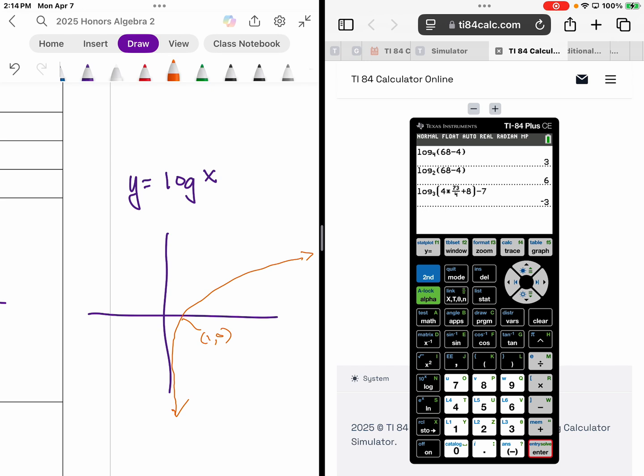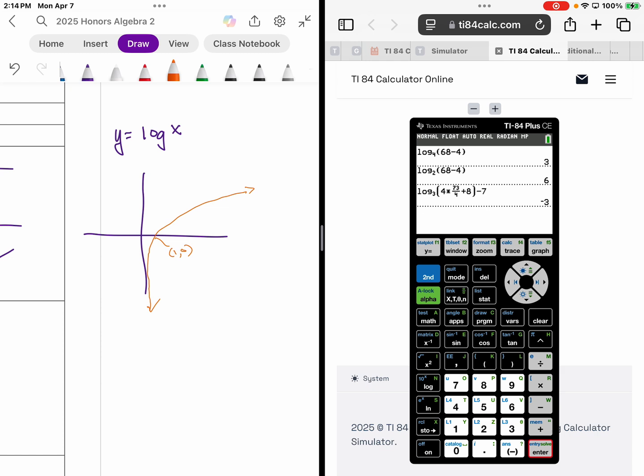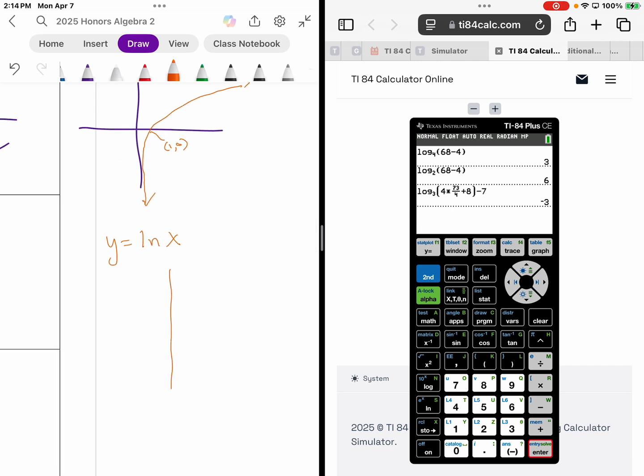So that's the log graph. The ln graph looks identical. So y equals ln of x looks almost identical to that. The only difference is it doesn't cross at 1, 0. That graph actually crosses at e.